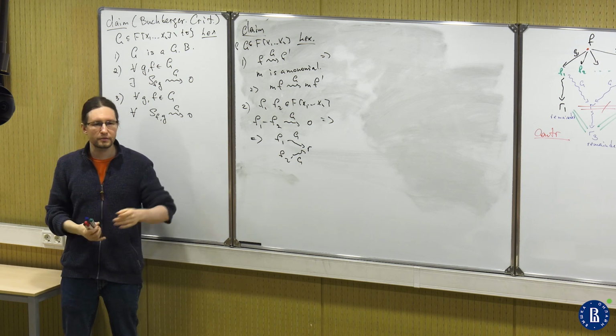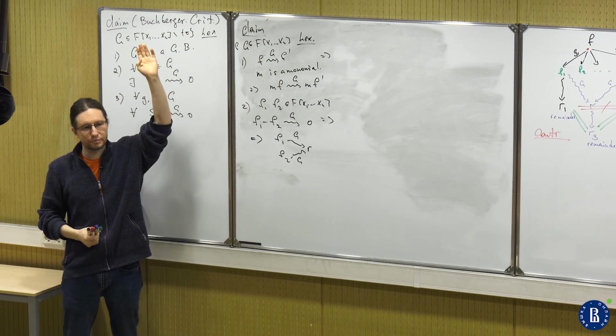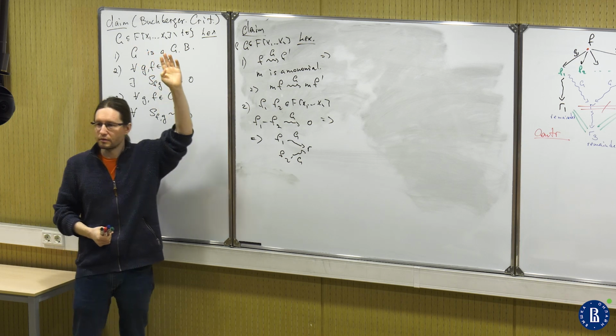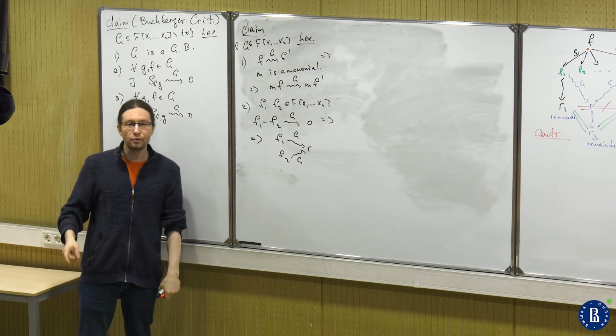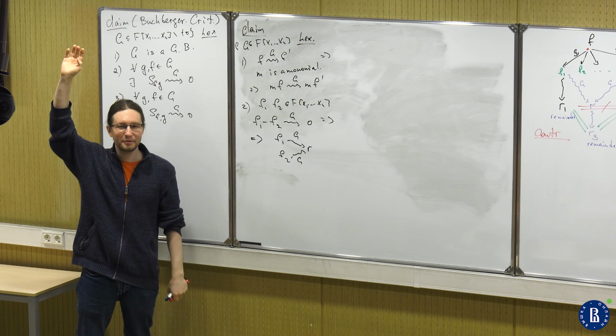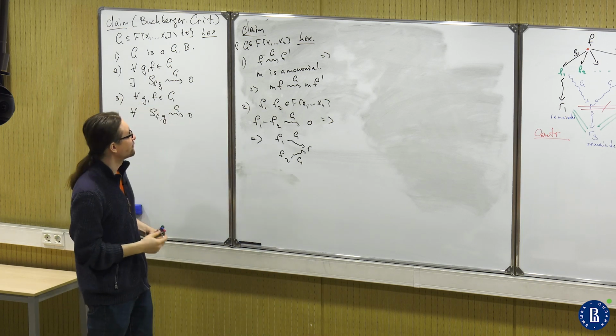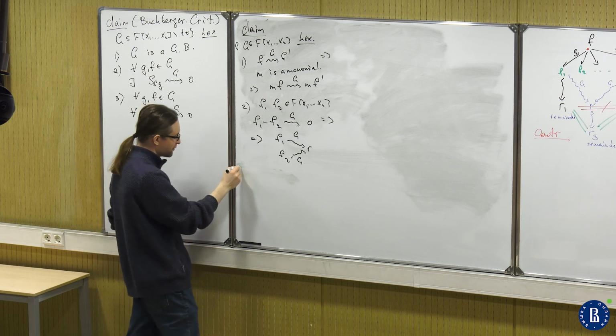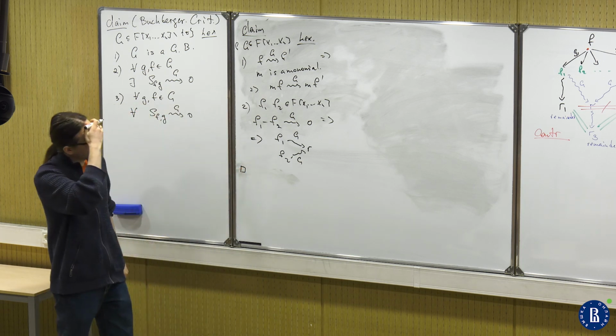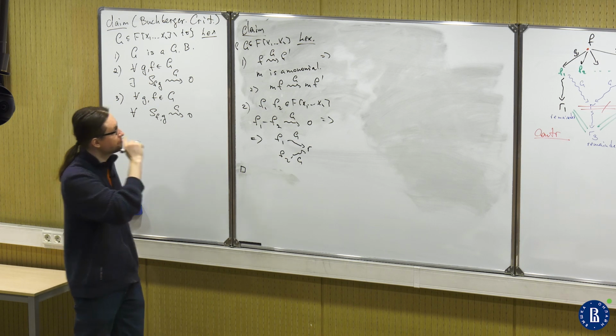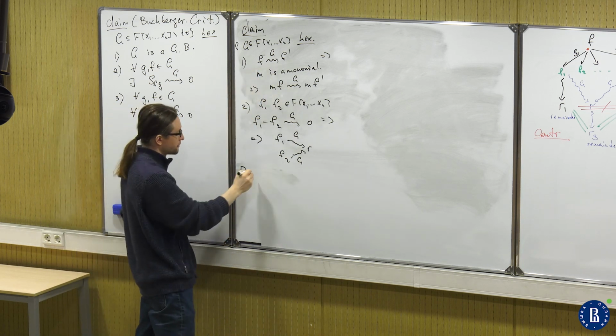Okay, and is there anyone who wants to see the proof of the second one? Okay. By the way, is there anyone who wants to see the proof of the first one? Because if you know how to prove it, it doesn't mean that you don't want to see the proof. Okay, so let's start from the first one.